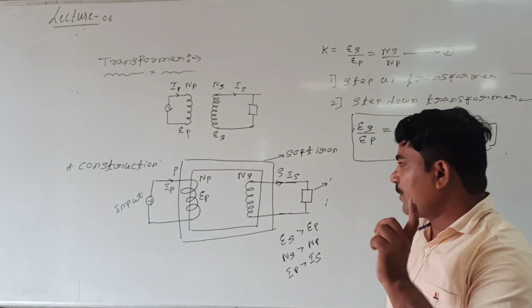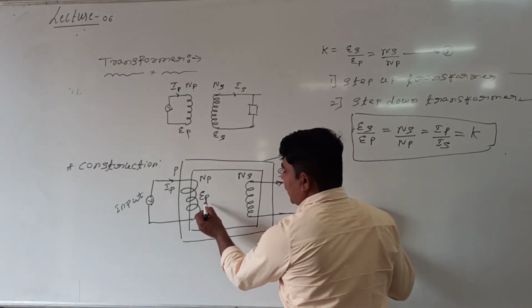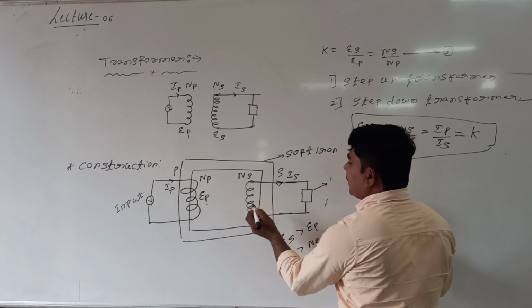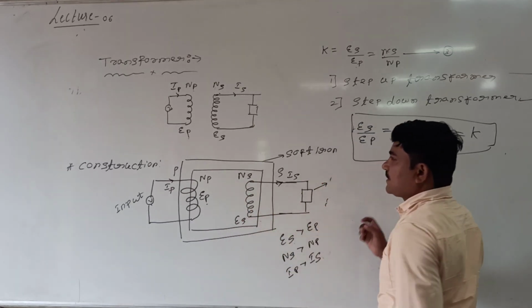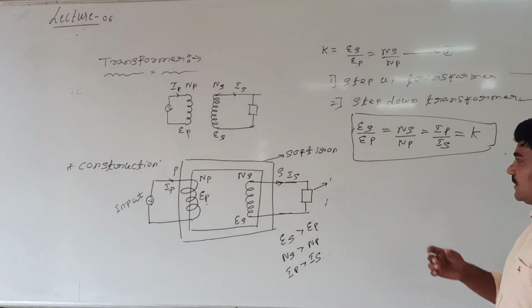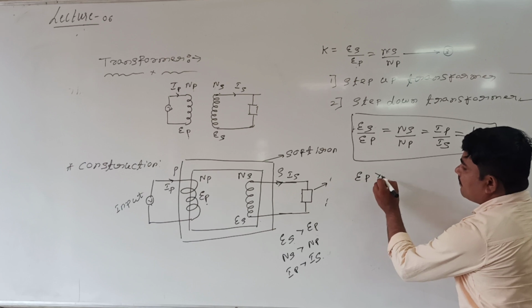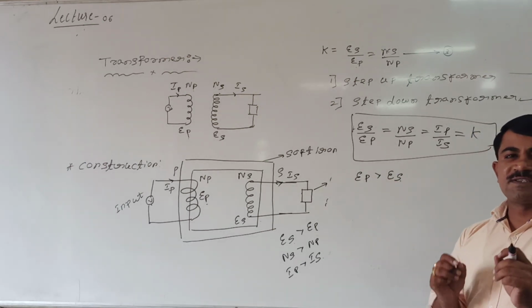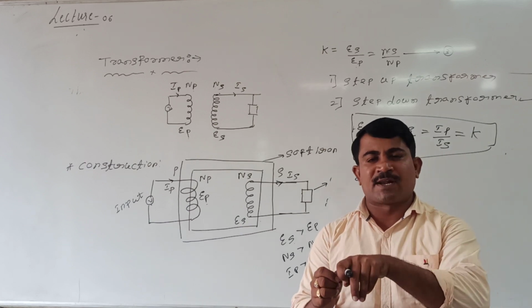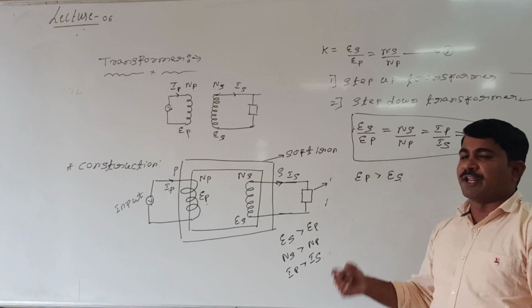Step down means the EMF in the primary must be very high and the EMF in the secondary must be very low. If EP is greater than ES, such a transformer is a step down transformer.